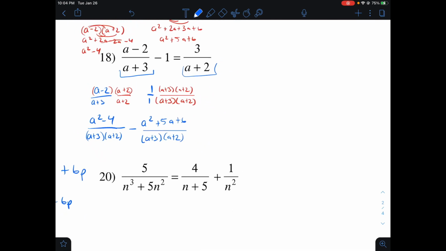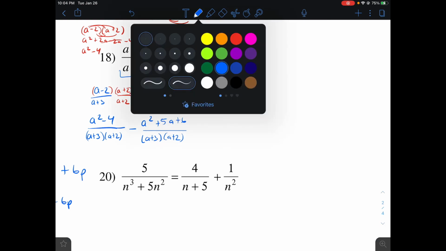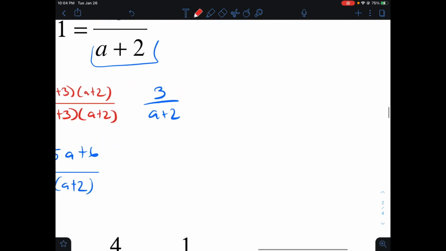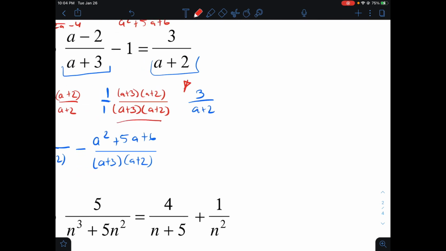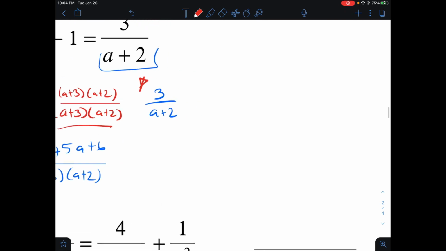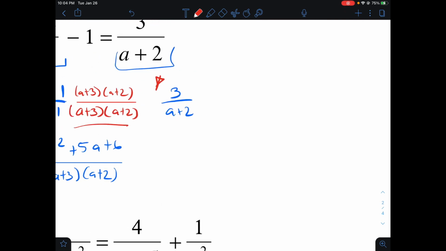Now we have to get this 3 over a plus 2 to have the common denominator. What do I need to multiply this fraction by to get a common denominator of a plus 3, a plus 2? I'm going to multiply it by a plus 3.